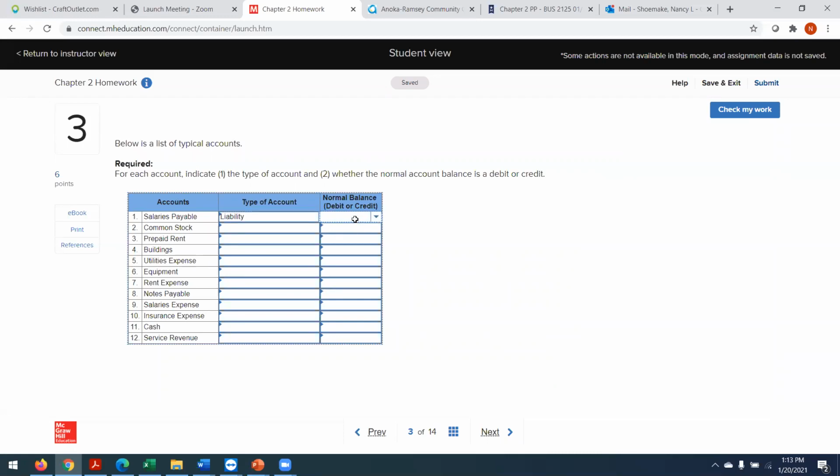Guys, do you see your little notes are going to help you here? Let's talk about utilities expense. Katie, will you take this one? Utilities expense would, the type of account would be an expense and it would be a debit. Correct.